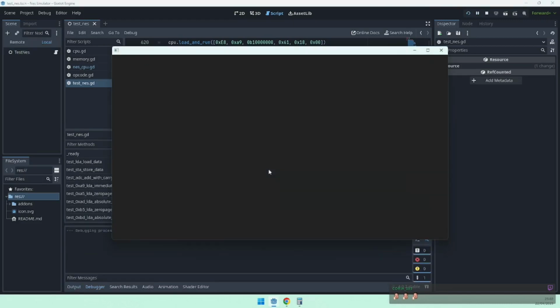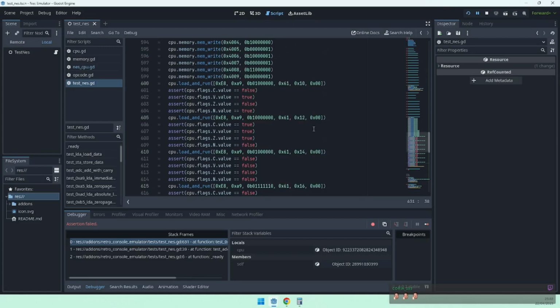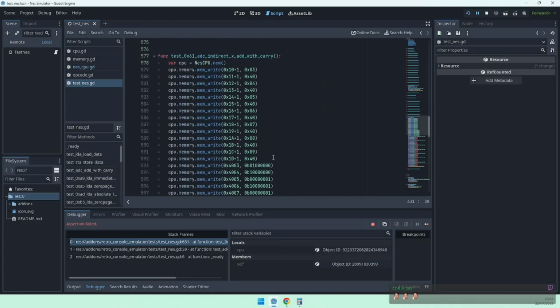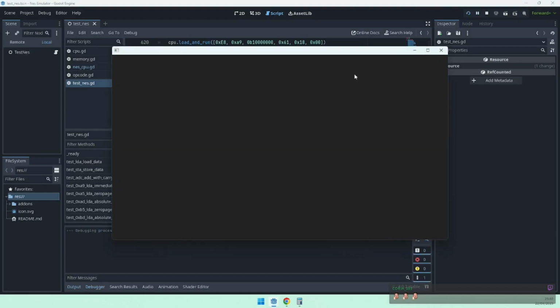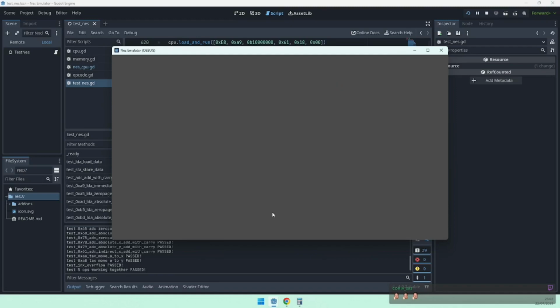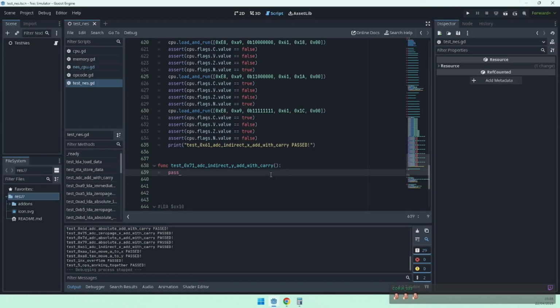But let's give it another try. No, still failing. So A, B, it should be C, not D. Stupid. Went to the opposite direction. Okay, now it passes. Awesome. Ooh, that was hard.